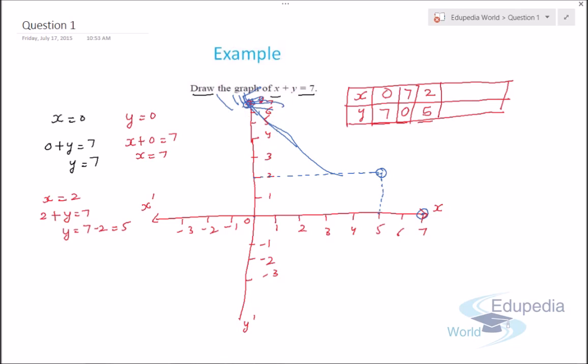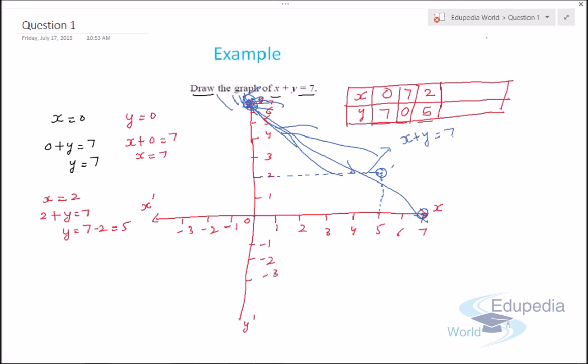Let me draw a line again. So this is the line. We can suppose this as a line. So these 3 points, this point and this point and this point, represent the line, or we can say this is the line x plus y equals 7. So this is the line.